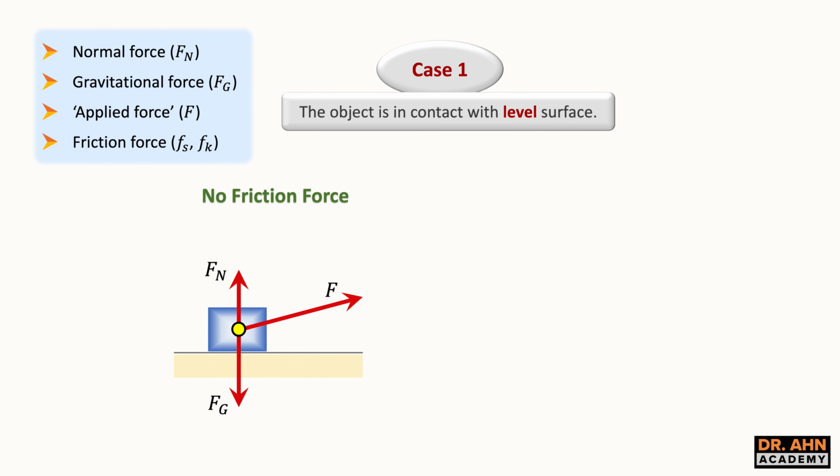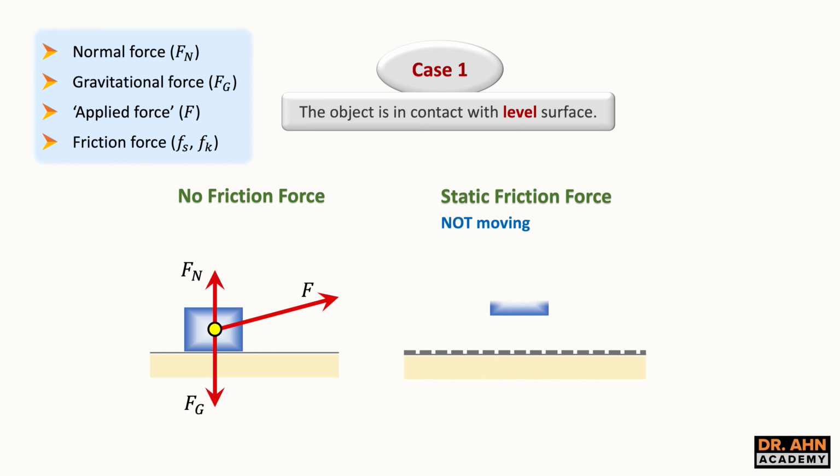Okay? Next, let's say we have an object on a rough level floor, and the object is not moving. Then as usual, we have gravitational force, and let's say we're pulling the object this way. Then we have the corresponding normal force that is perpendicular to the floor. And since the object is not moving, the friction force must counteract the applied force.